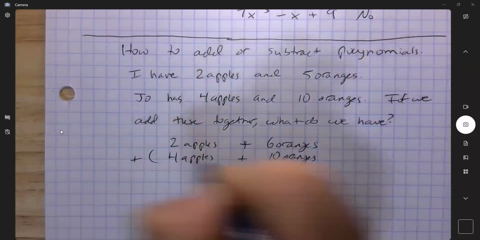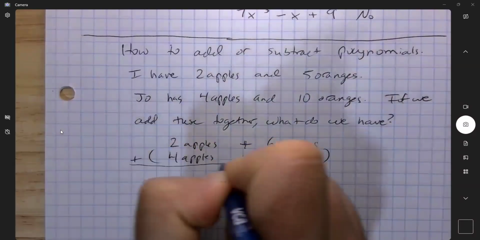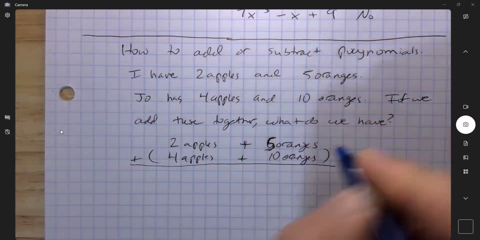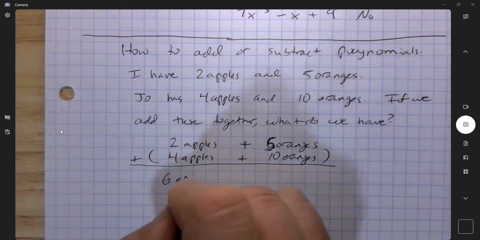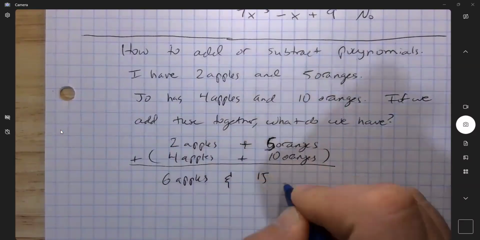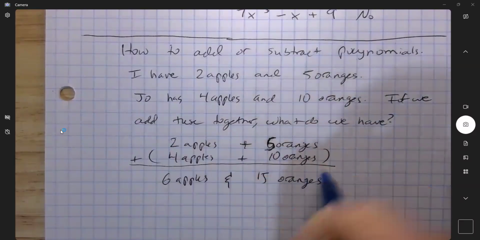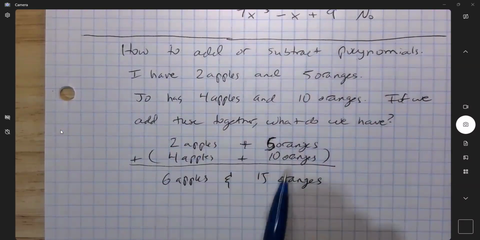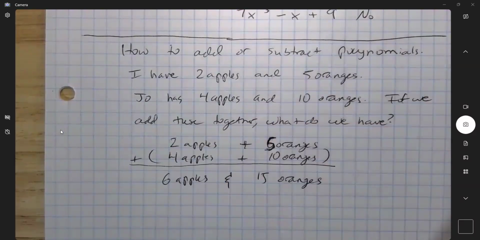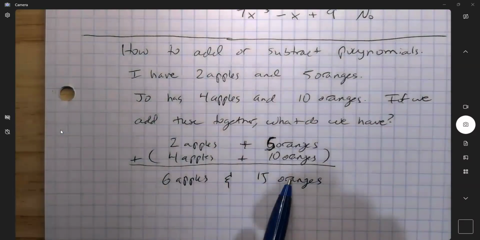And we're going to add those 2 quantities together. 2 plus 4 is 6 apples. 5 plus 10 is 15 oranges. So we add the apples and we add the oranges separately. We don't add it all up and say I have a bunch of fruit. We keep our apples and our oranges separate.